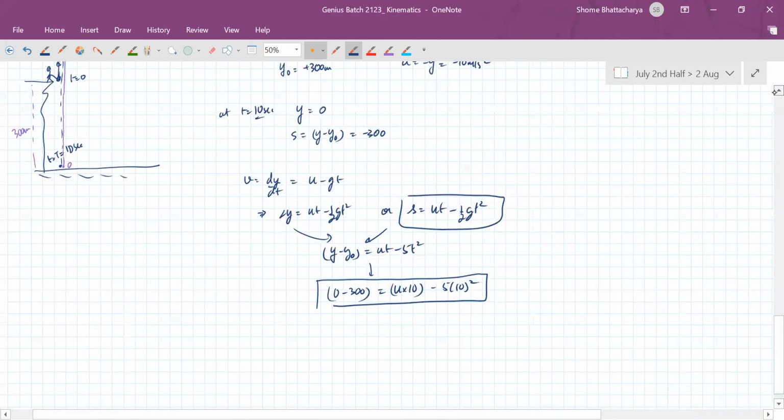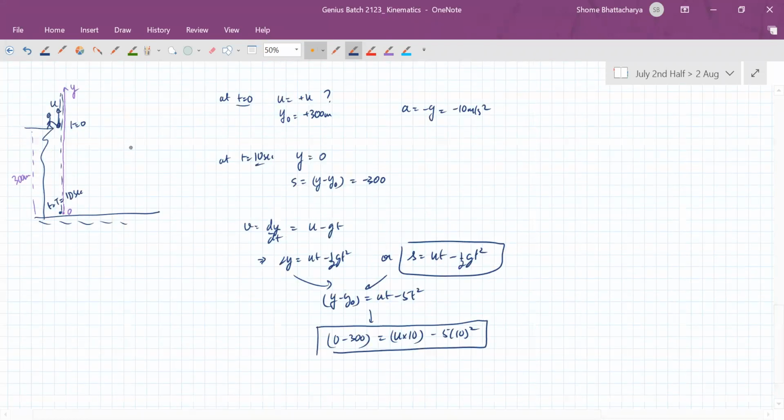So this is just a minor variation of where we are taking the origin, not a very drastic change. Okay. Now, one very drastic variation of this would be if we take the y-axis downwards instead. I'll show you that also. So it's not that you always have to follow some hard and fast rules for taking your reference frame.